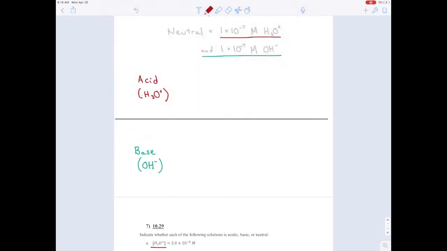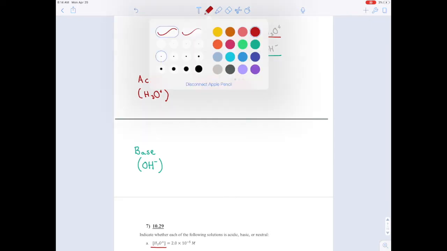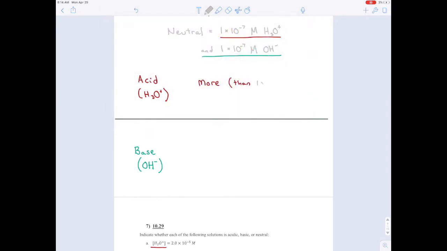you would want to ask yourself if the number they're giving you is more than 1 times 10 to the negative 7, or if it is less.